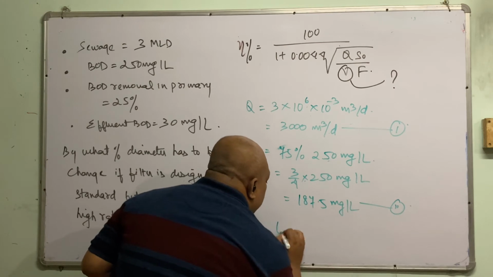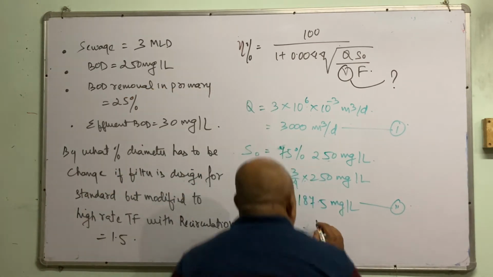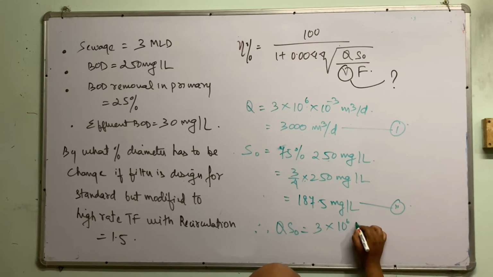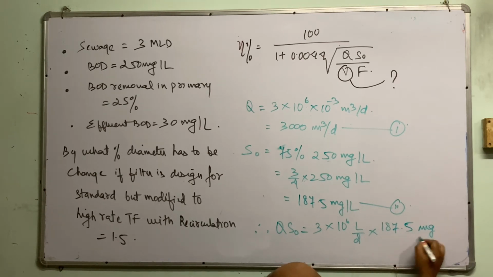Therefore, QS naught, we can make it 3 into 10 to the power 6 liters per day into 187.5 milligram per liter.